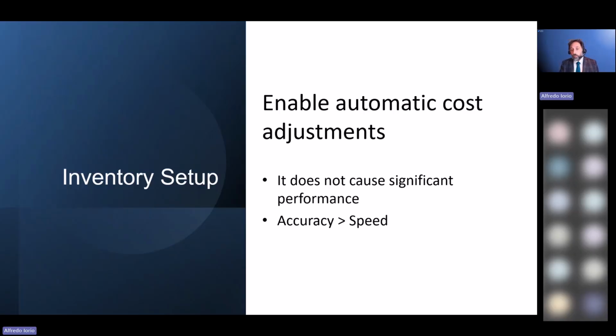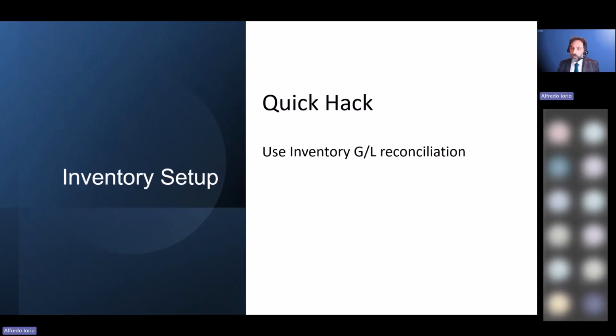So do not worry unless your warehouse or your shop floor is processing thousands of small parts per minute. But even then, do you really need it? It doesn't really matter if your system takes 2 seconds to process a transaction. There are exceptions, but typically accuracy is better than speed. So just leave it on, and if users see that the system is too slow, you can always look at options before you disable cost posting.